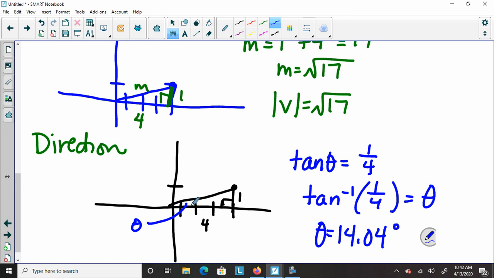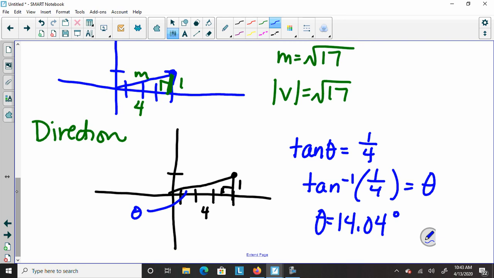So just make sure that you're paying attention to what quadrant it's in. So I always draw them just to see where it is before I pick that. Because especially since these are all going to be multiple choice, don't pick a number that you know is in the first quadrant if your vector's in the third. Okay. So that is your magnitude and your direction.